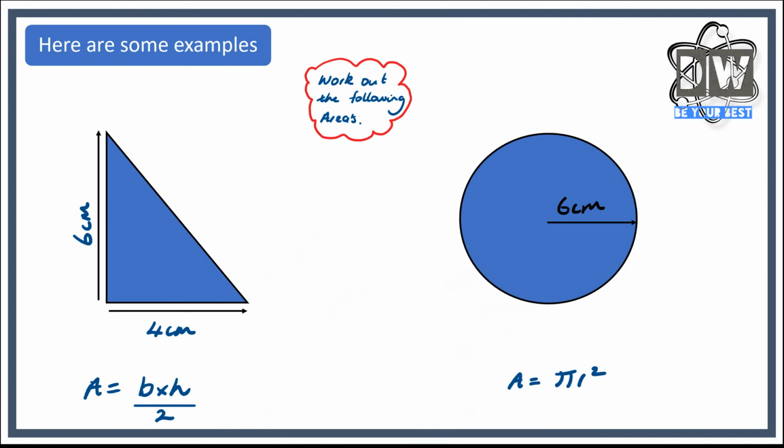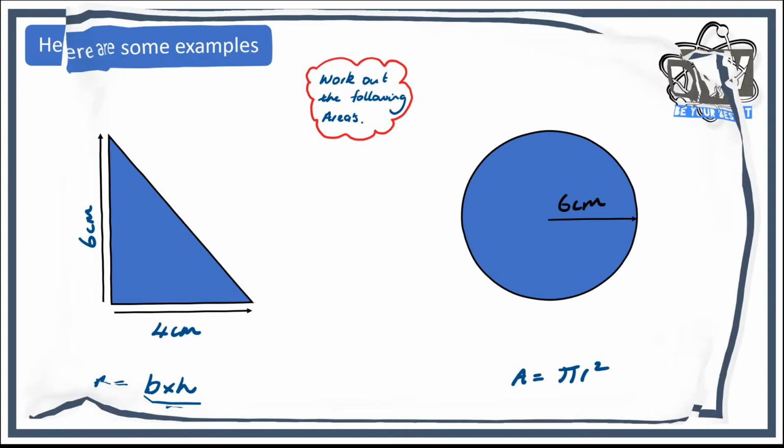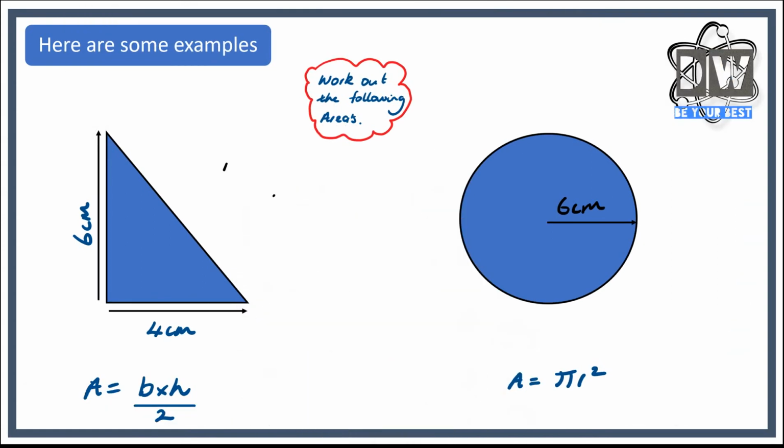Okay, this is the last two now. So what I'd like you to do is pause the video, work them out, come back and see if you've got them correct. Here we go, everyone. First line of working for the first one was area is the base times the height. So 4 times 6 divided by 2 will give us 12 centimetres squared.